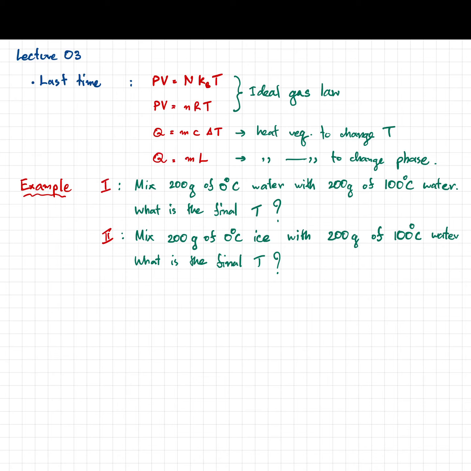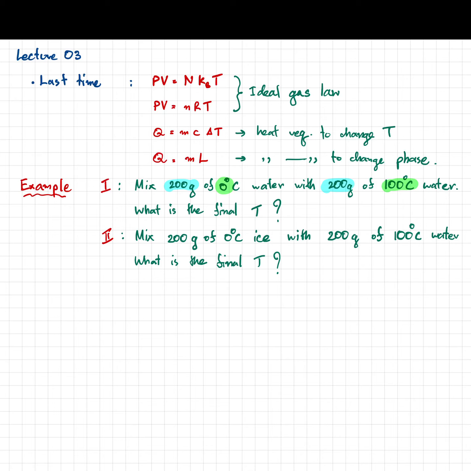The first one is rather easy. You actually don't need to do any calculation. What I'm asking here is that we have 200 grams of water. That's the mass of water, and it's at 0 degrees Celsius. Water can be at 0 degrees Celsius, but if you want to go below that, then you need to become ice first. But this is fine. Then we mix this 200 grams of water with another 200 grams of water, but now it's at 100 degrees Celsius.